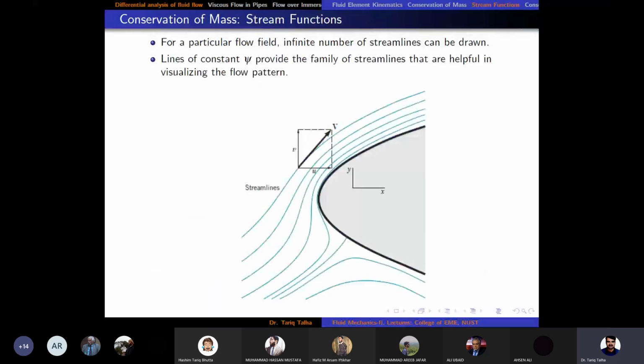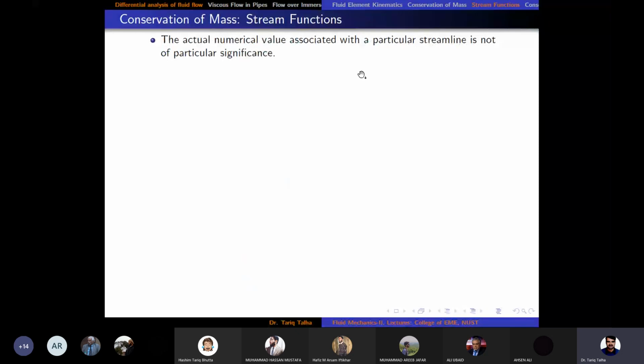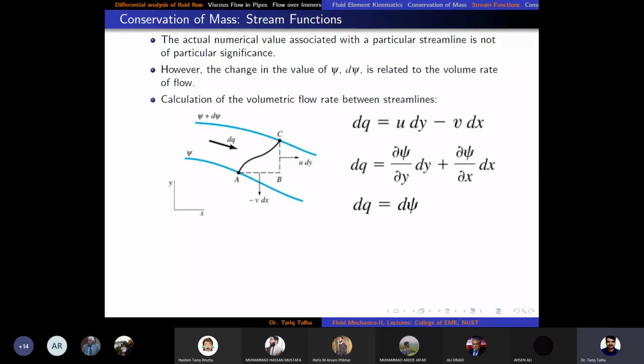How is that? The actual numerical value associated with a particular streamline is not of particular significance, but the change in the value of the stream function, which is d psi, is related to the volume flow rate, or we can also call it mass flow rate if we multiply it with the rho value.